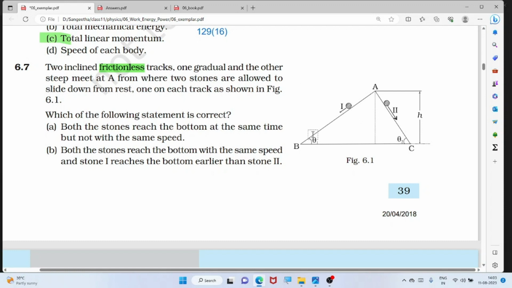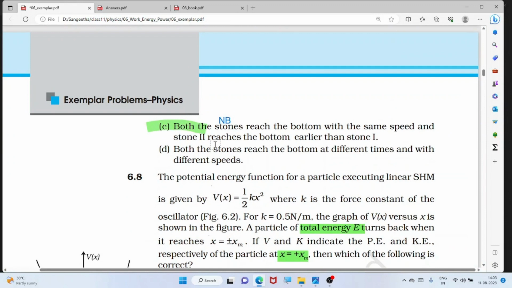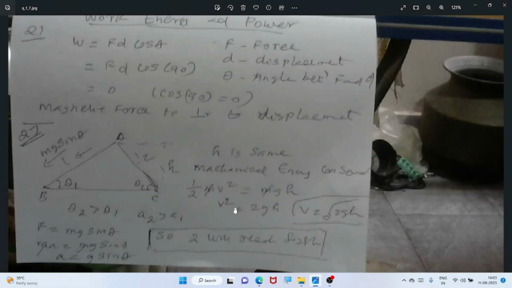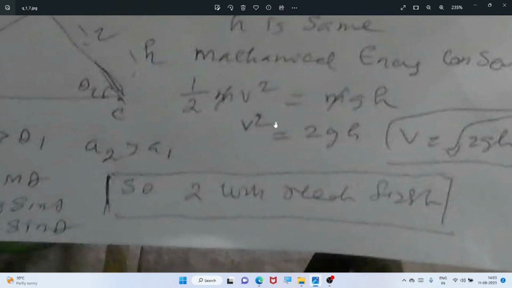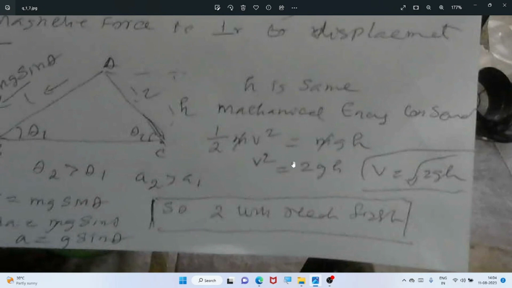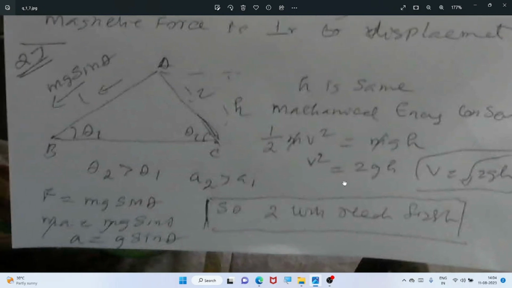But here the track is lengthy, so the acceleration will be less here, and on the steeper one the acceleration will be more, so it will reach faster. Both stones reach the bottom with the same speed, but stone 2 reaches the bottom earlier than stone 1. H is the same, so v is the same for both stones.